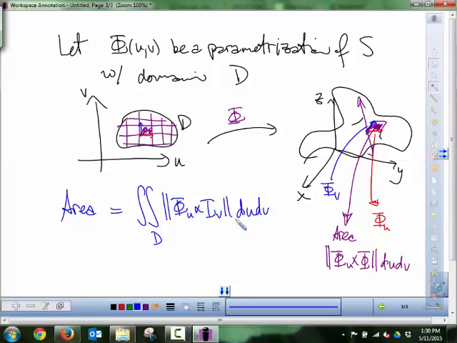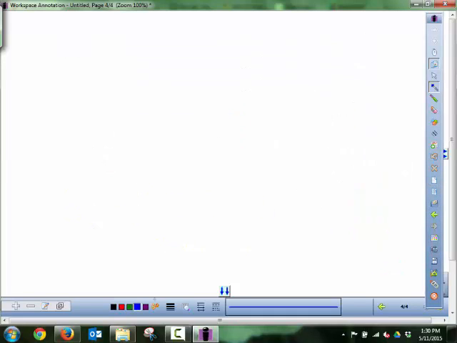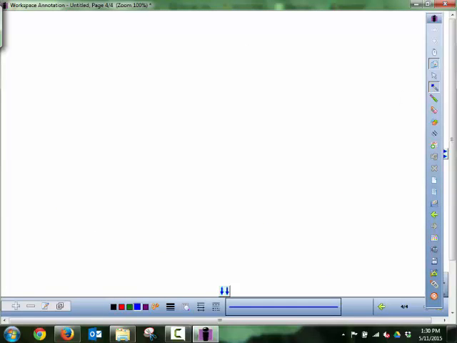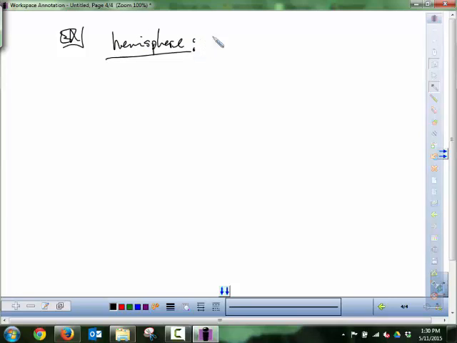All right, so let's do an example. Your hemisphere, let's say, is this parameterization that we have here. Your x is equal to 2 sine phi cosine theta.